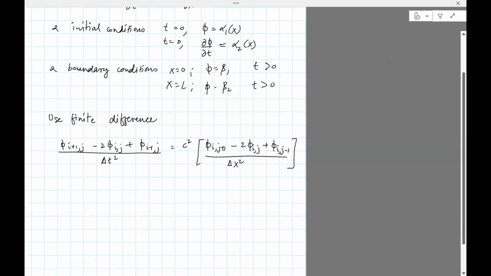Just a central difference on the second derivative.